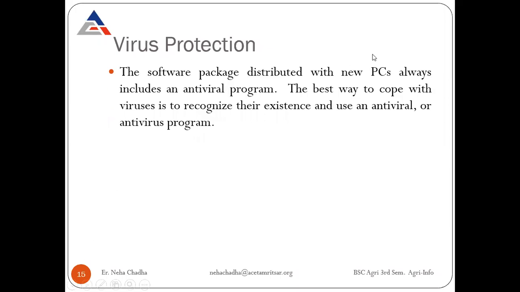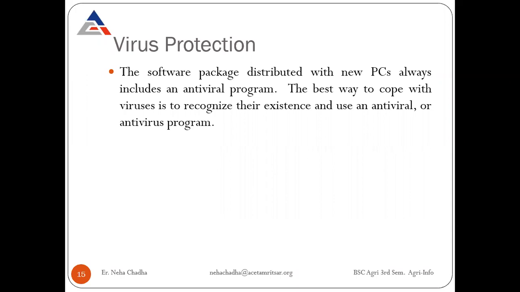Then, what are the ways by which you can protect your system from viruses? A software package distributed with new PCs always includes an antiviral program. That means you must install an antivirus on your computer system, or you may activate the Windows firewall, which is available in your system.